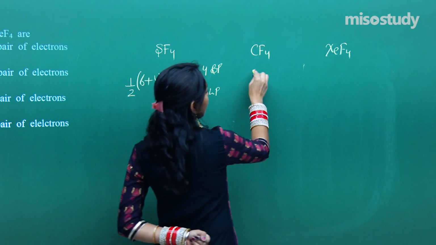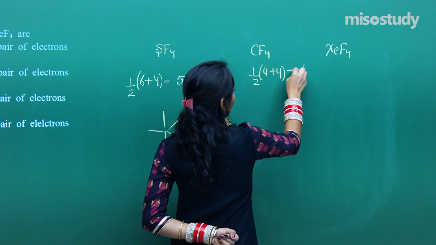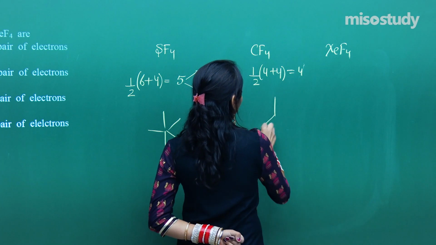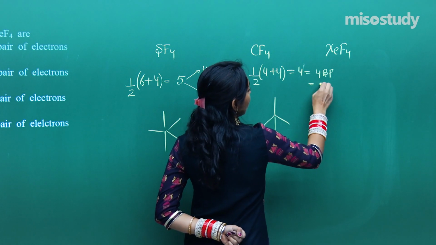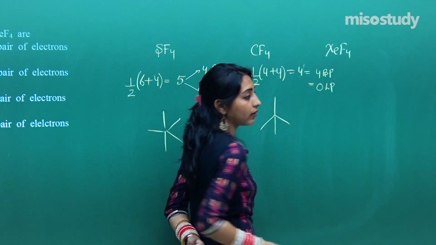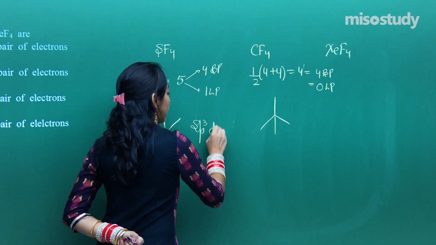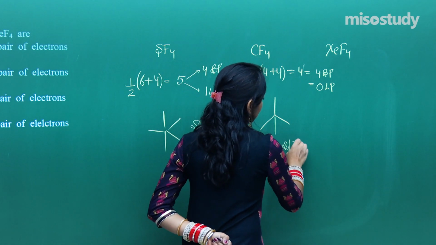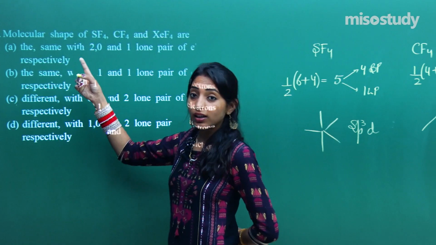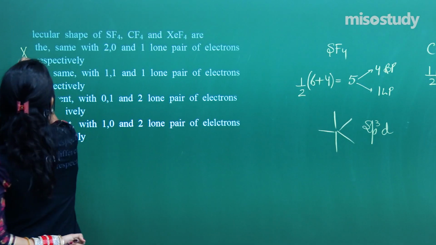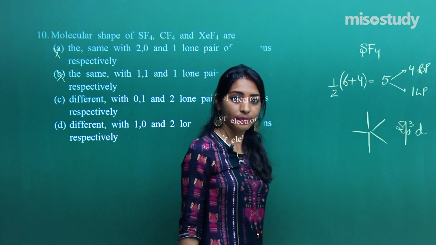Now CF4 will have half of 4 plus 4, which comes out to be 4, out of which all 4 are bond pairs and 0 lone pairs, right? Now see, this is sp3d hybridized and this is just sp3 hybridized. So when I read the options, it says that the molecular shapes are the same. No, the molecular shapes will be different only, right?